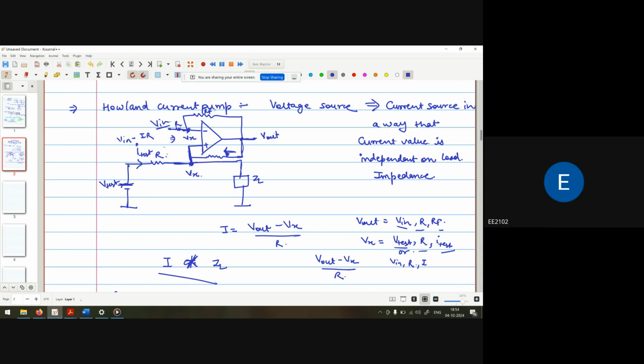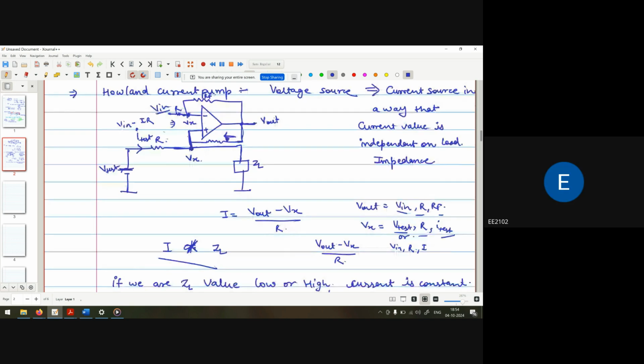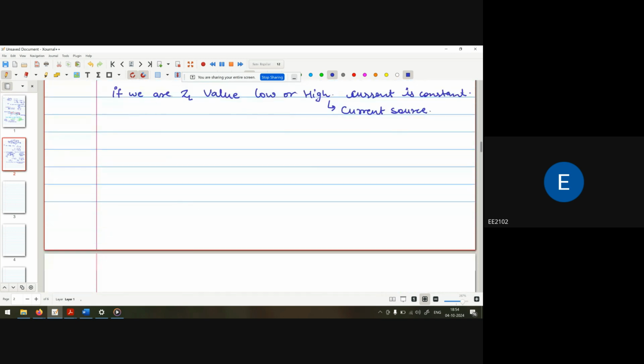Yes, correct. Now if this particular operational amplifier behaves with the virtual ground concept, that means no current will flow inside. Now this is my operational amplifier, where both terminals have the voltage Vx and Vx.